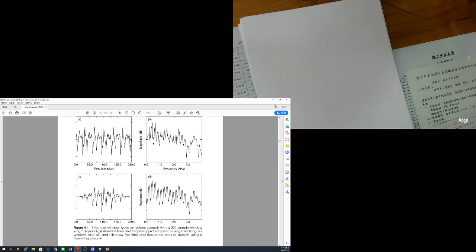The rectangular window tries to keep the original signal and zeroes out everything outside the window, so inside the window it keeps everything.